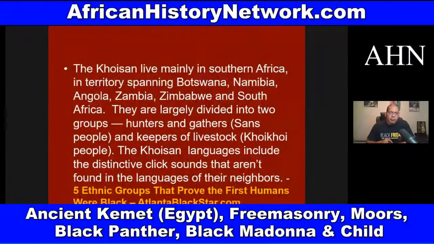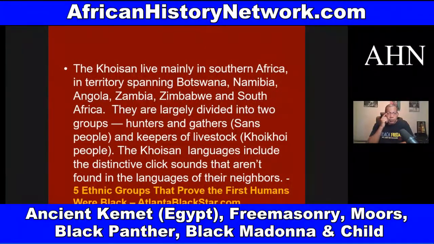The Khoisan live mainly in Southern Africa in territory spanning Botswana, Namibia, Angola, Zambia, Zimbabwe, and South Africa. They are largely divided into two groups: the San people, hunters and gatherers, and the Khoi people, keepers of livestock.